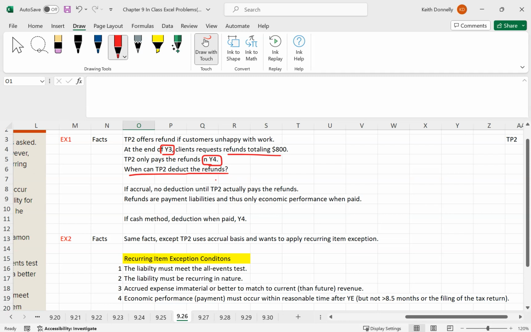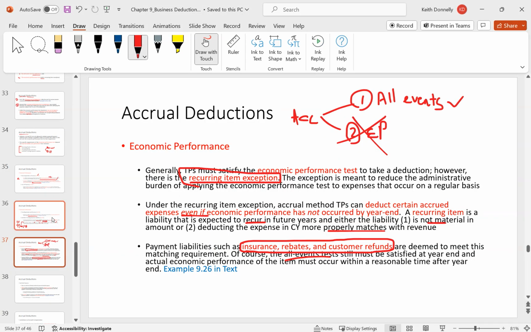So this is the general rule, and then we'll look at it if you want to apply the recurring item exception. So under the general rule, if it's accrual, we aren't actually going to get it until we pay, over here in year 4.